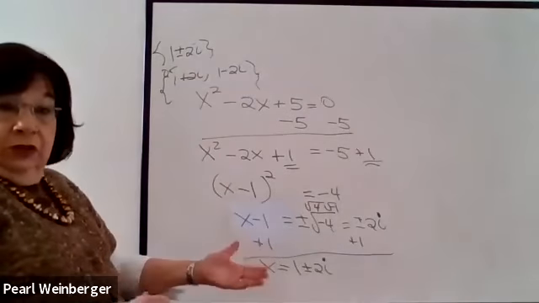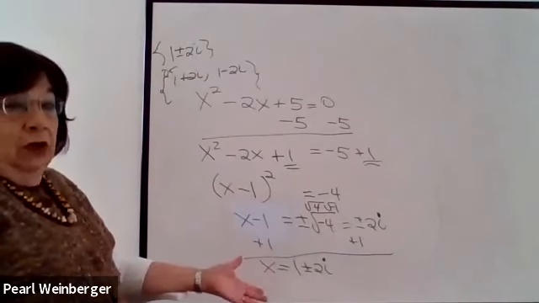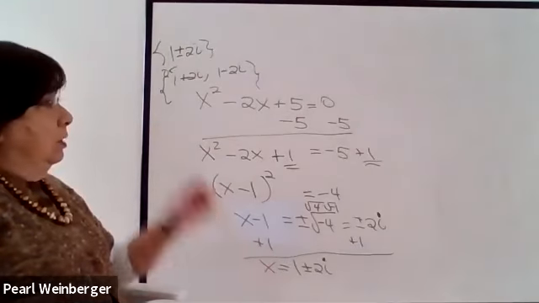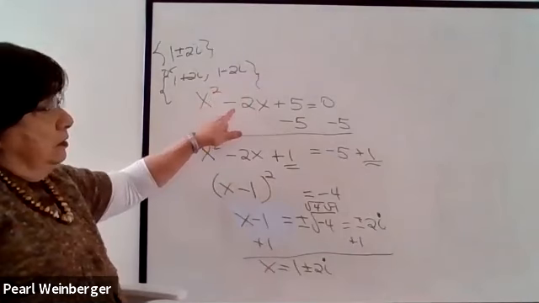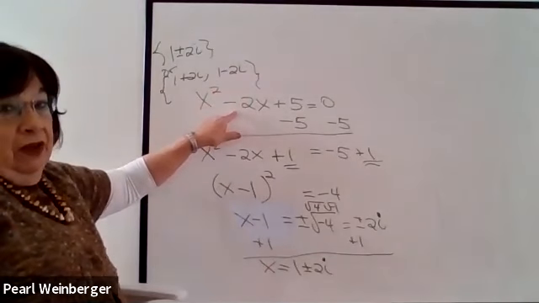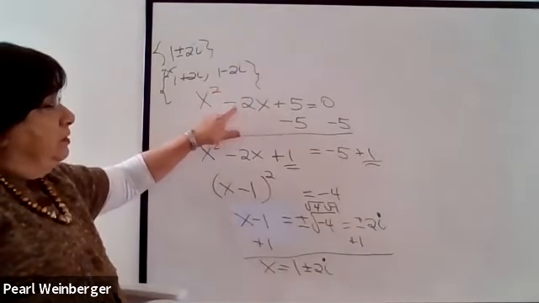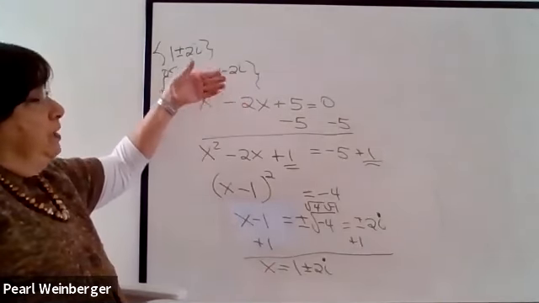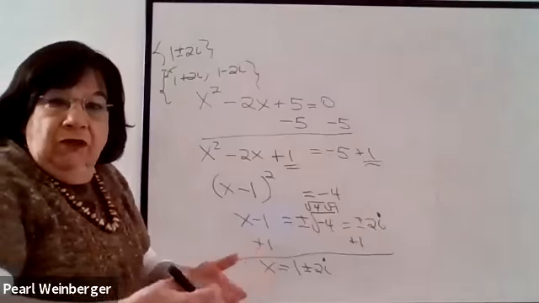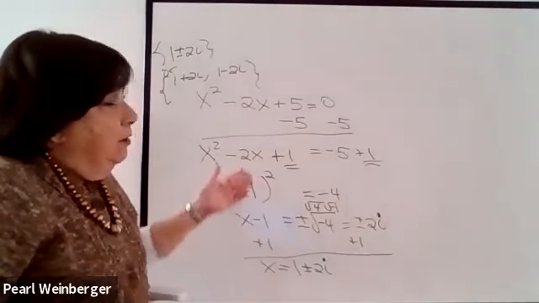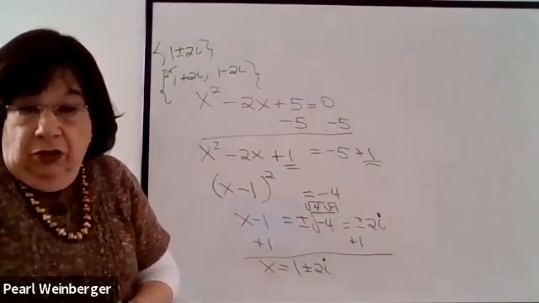Once you have fractions, it gets much more difficult. The other thing is, if the number in front of the x is not an even number, if it's not easily divisible by 2, like a 3, I'd get 3 over 2. Again, I'd be dealing with either fractions or decimals, and it would make the whole problem much more difficult.